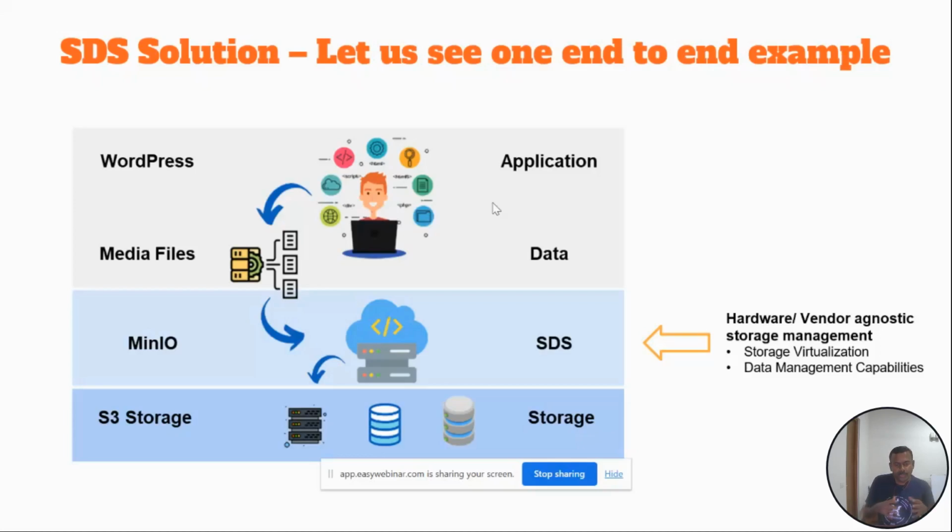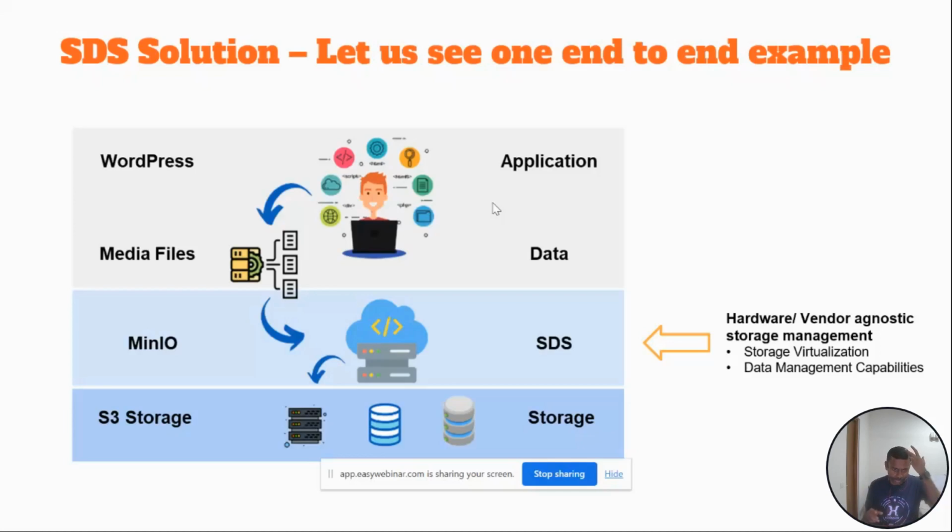You want to store this data and retrieve it, so you need to store it somewhere, and then access it, modify it, keep it back, or retrieve it whenever you need. Usually you use persistent storage like hard disk, flash arrays, or SSD. Between the application and storage is where SDS sits.